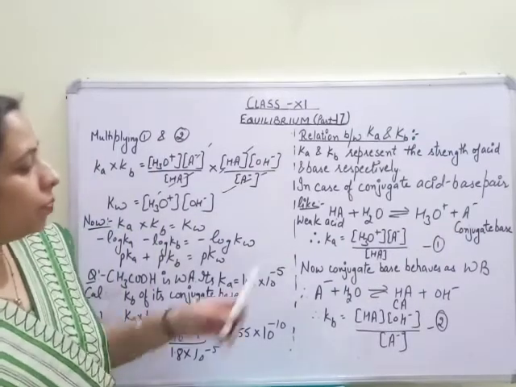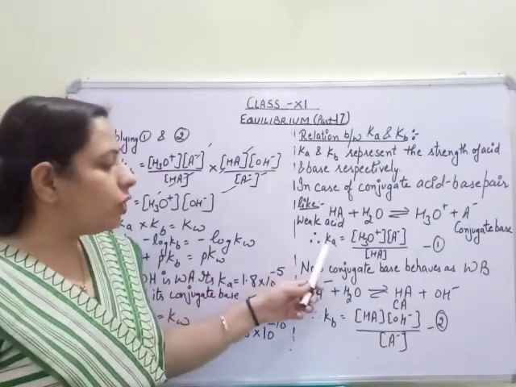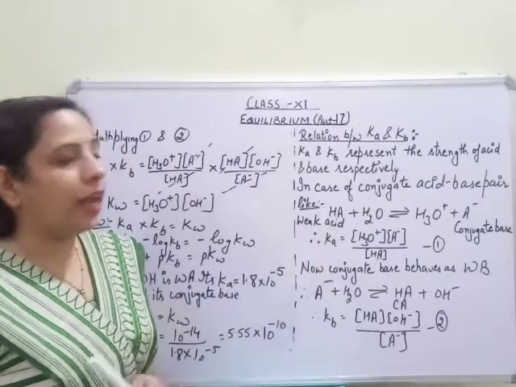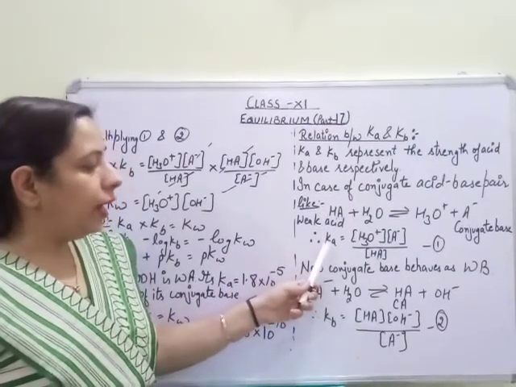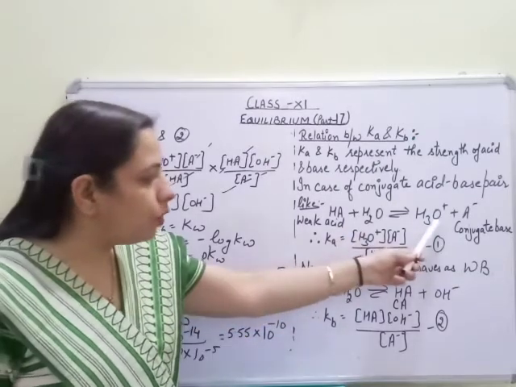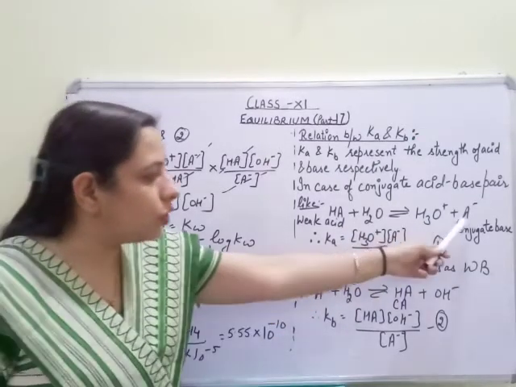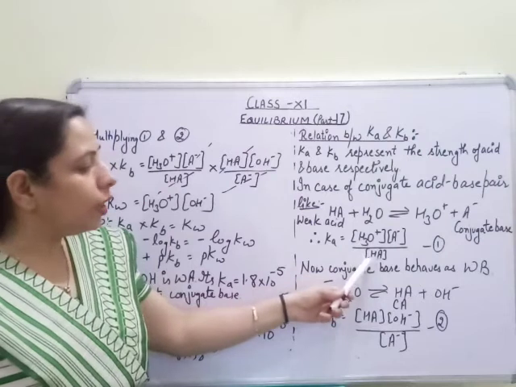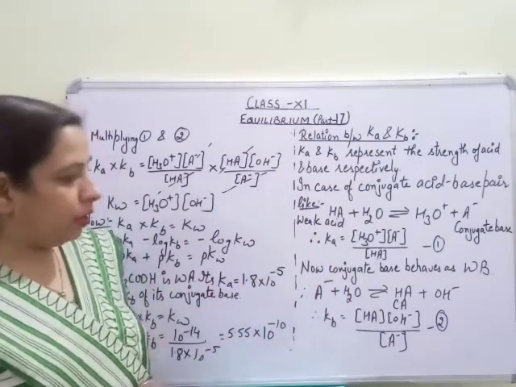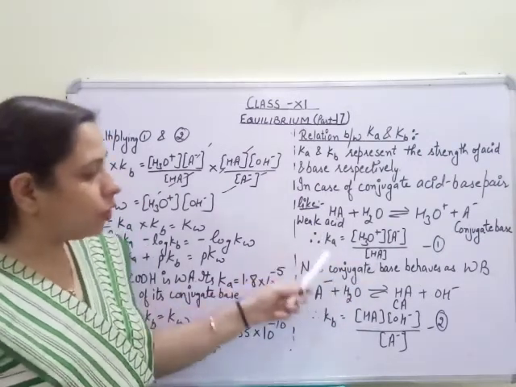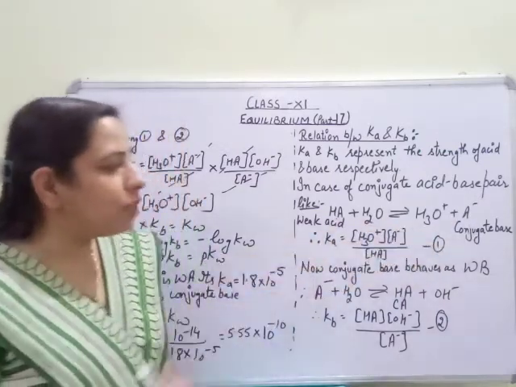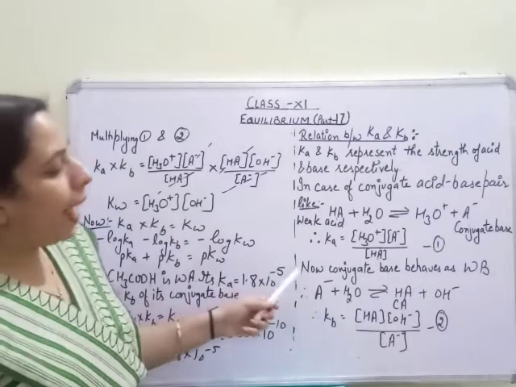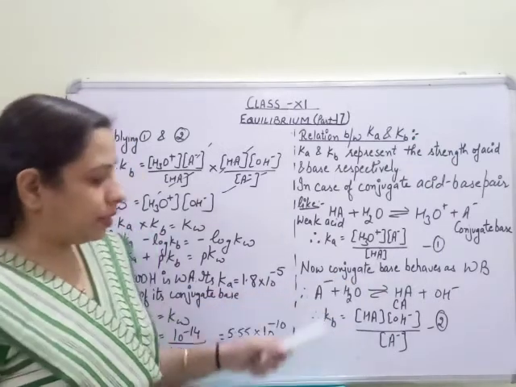Conjugate base. Now to write the expression for Ka for this reaction, ionization constant for an acid, it is equal to concentration of H3O positive into concentration of A negative upon concentration of HA. This will be the expression of Ka. Now the conjugate base which is formed here acts as a weak base.